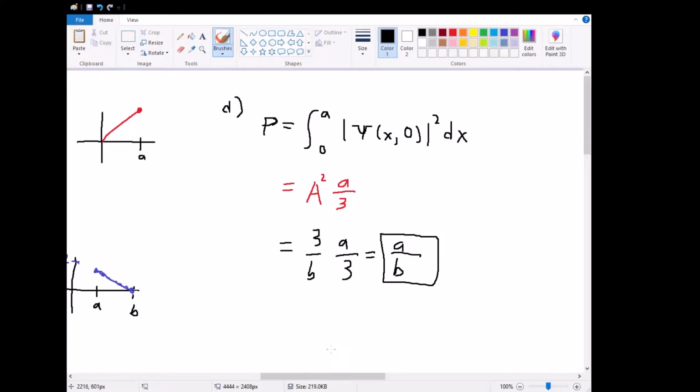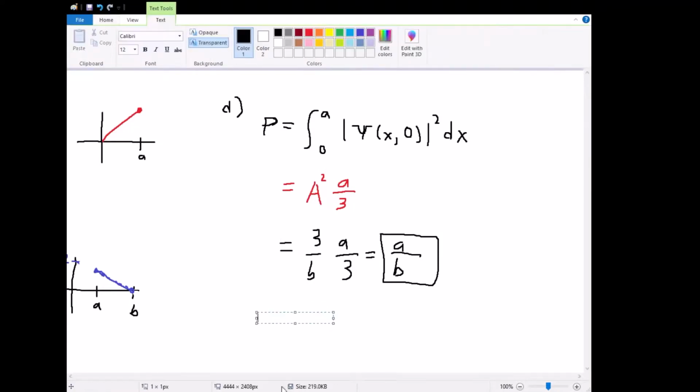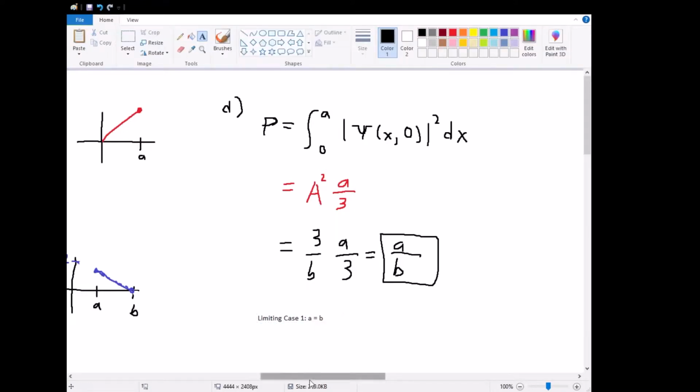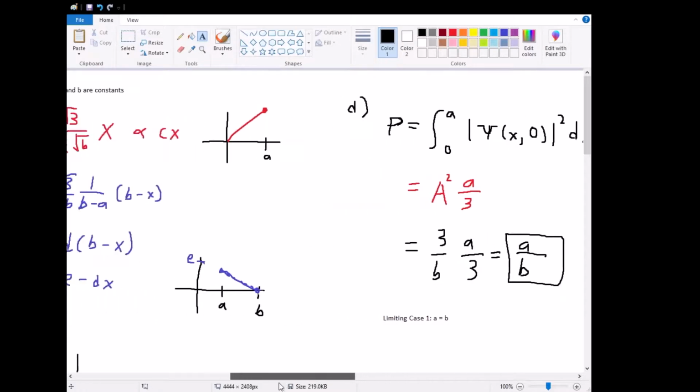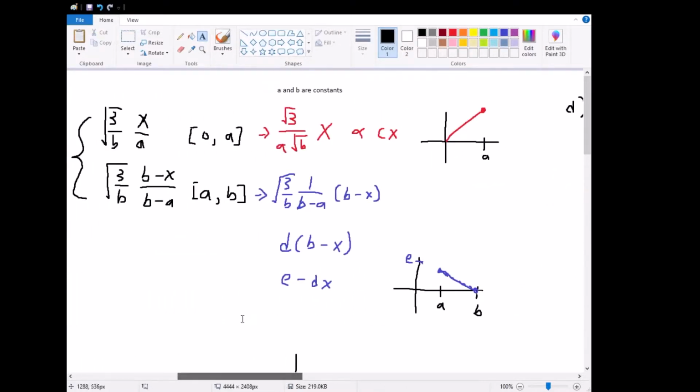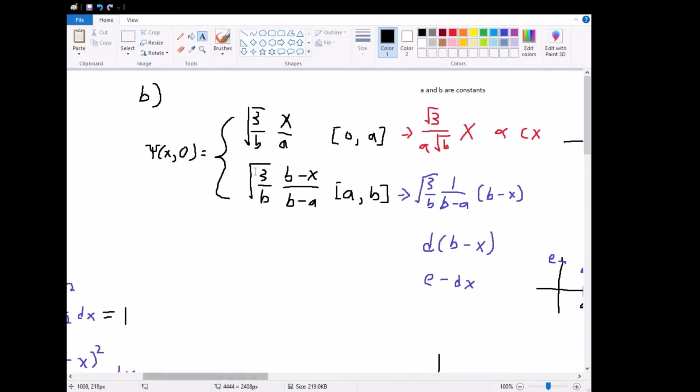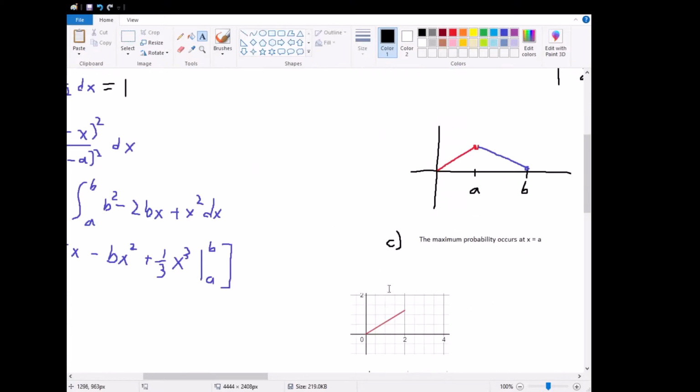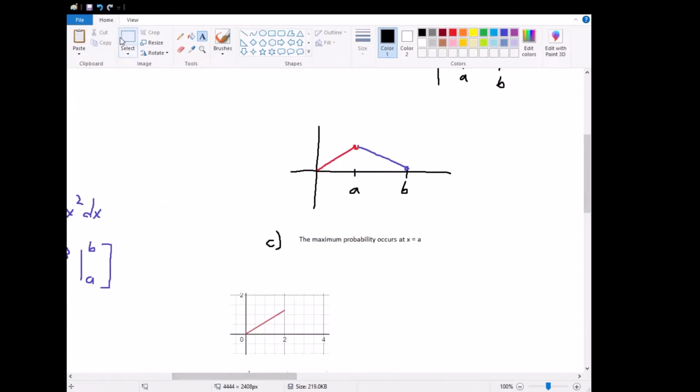Now our goal is to check this for two different scenarios. So limiting case 1, A equals B. And if we were to graph both of these piecewise functions on Desmos and then set A equal to B, what we will find is the following function.